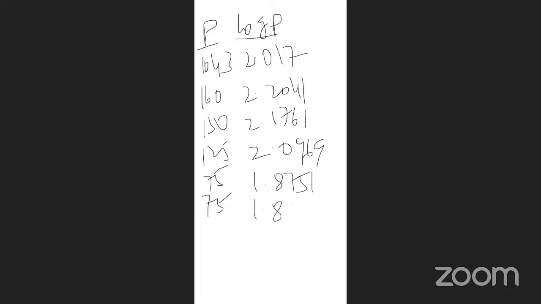Then 16 under 0 is 2.2041. 15 under 0 is 2.1761. Then 125, 12 under 5 is 2.0969. The next 75 under 0 is 1.8751, and this is also 1.8751.